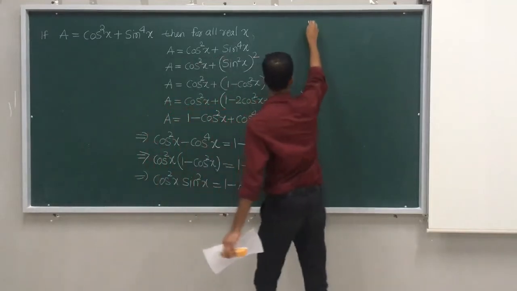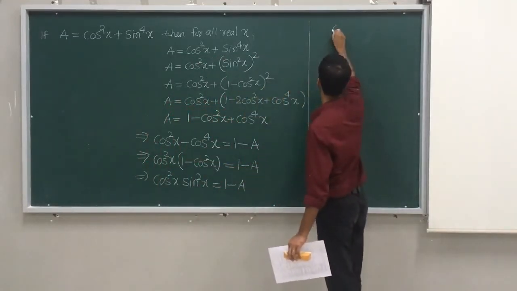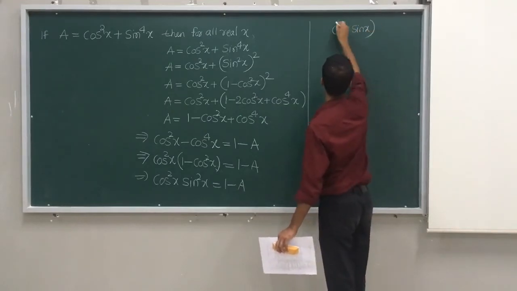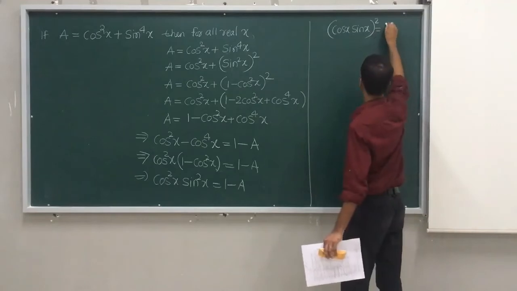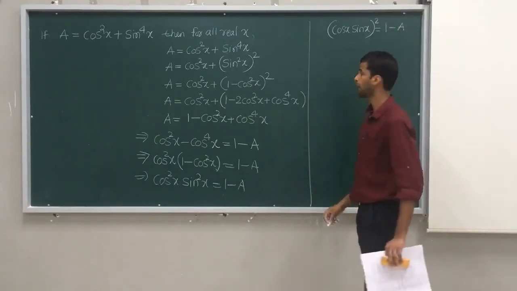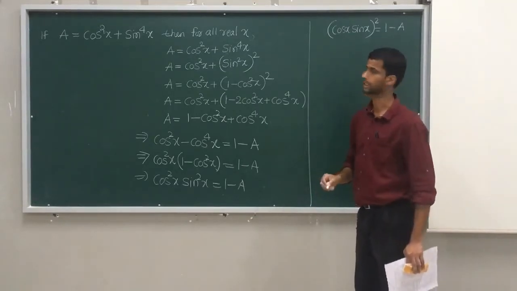Next, what we will do here is, I will try to merge it like this: cos x sin x the whole square equal to 1 minus a, right? Now I know one wonderful identity. I know that sin 2x can be written as 2 sin x cos x. So what I will do?